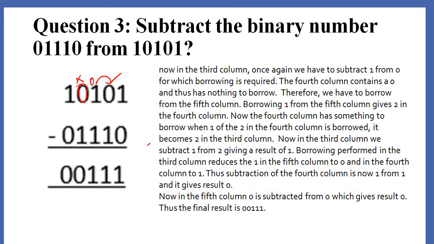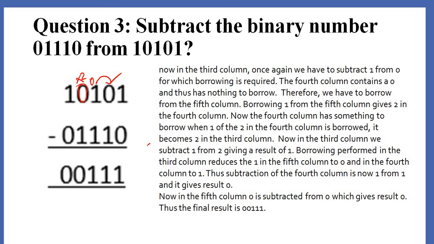So we move to the next left column, that is, the fifth column, and borrowing 1 from the fifth column gives 2 in the fourth column, right? Now the fourth column has something to borrow, when 1 of the 2 in the fourth column is borrowed, right?